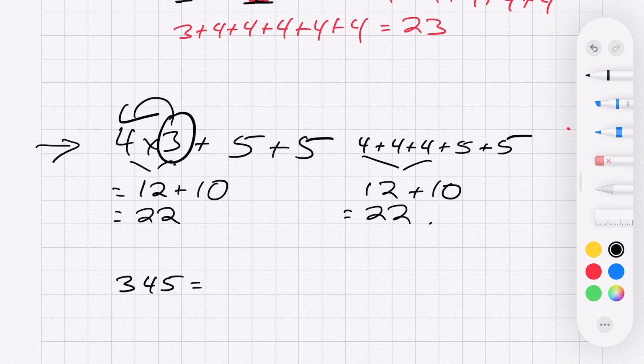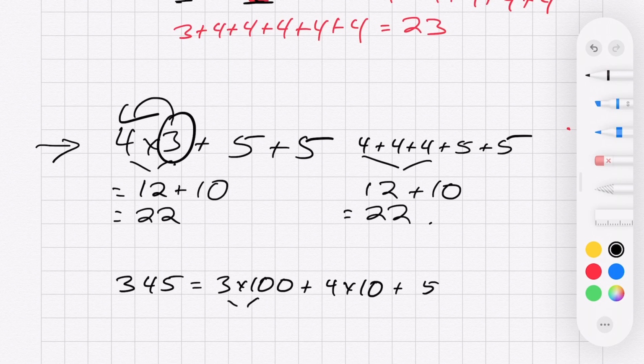So I want you to assume this order of operation. The multiplication is done before addition, and then you can do the rest. And I can prove this with expanded form. So if I'm going to do expanded form here, 3 times 100, right, because that's 300, plus 4 times 10, plus 5.